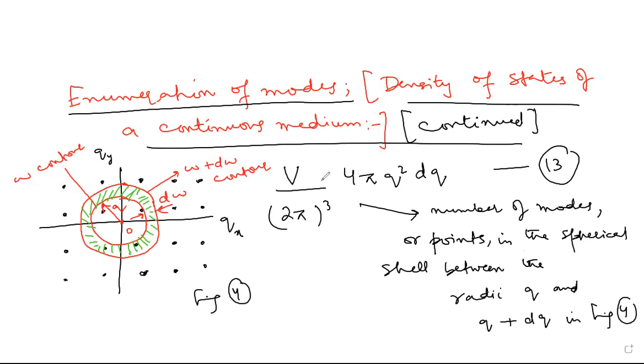Because V by 2 pi cube gives the number of modes per unit volume of q, and 4 pi q square dq is just the volume of this shell. So when we multiply these two, we get the number of modes in the spherical shell between the radii q and q plus dq.